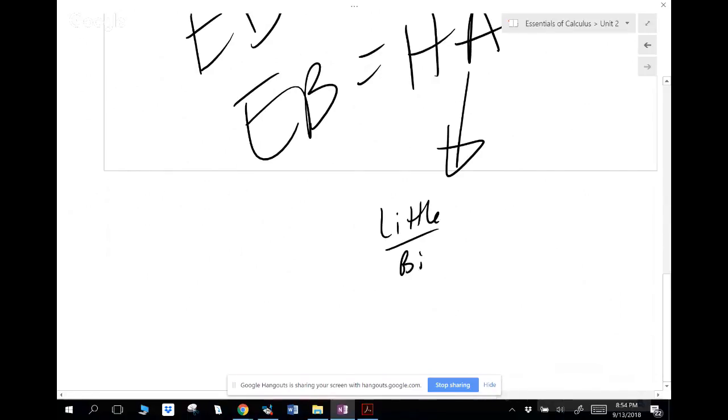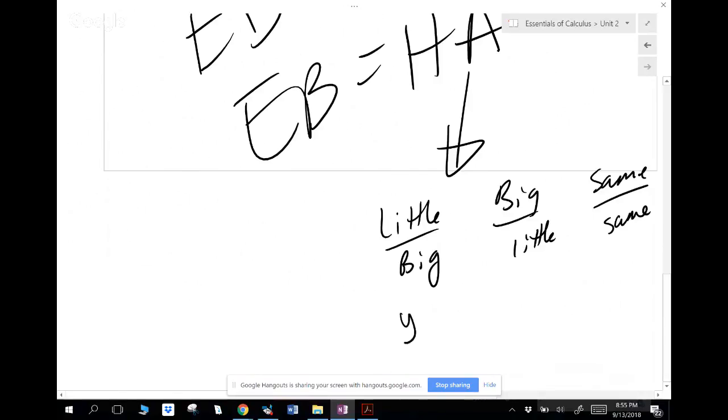Little over big, big over little, and then same. All right, little over big is going to be y equals 0. Big over little, none. Same: coefficient divided by coefficient.